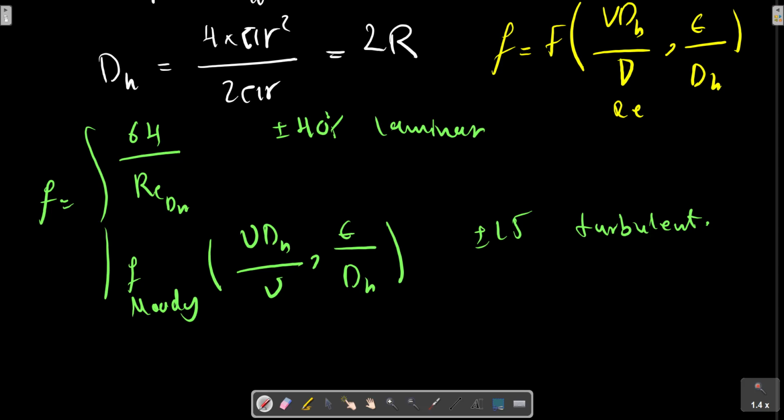Flow between parallel plates is the next description in non-circular ducts.